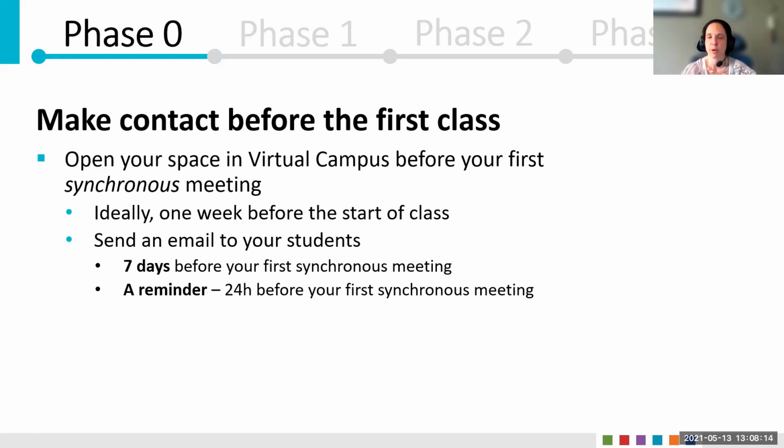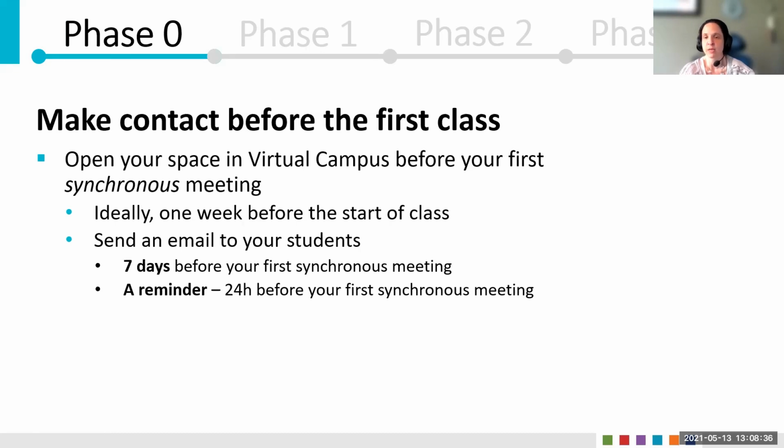And one of the important parts is the making contact before the first class. We highly recommend that you open your virtual space before your first synchronous meeting with students and send an email to your students, inviting them to visit the site to get all the important information for the first meeting.